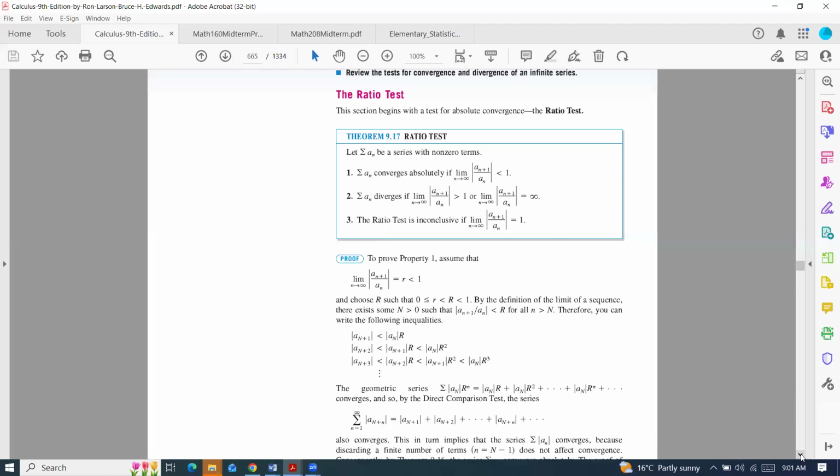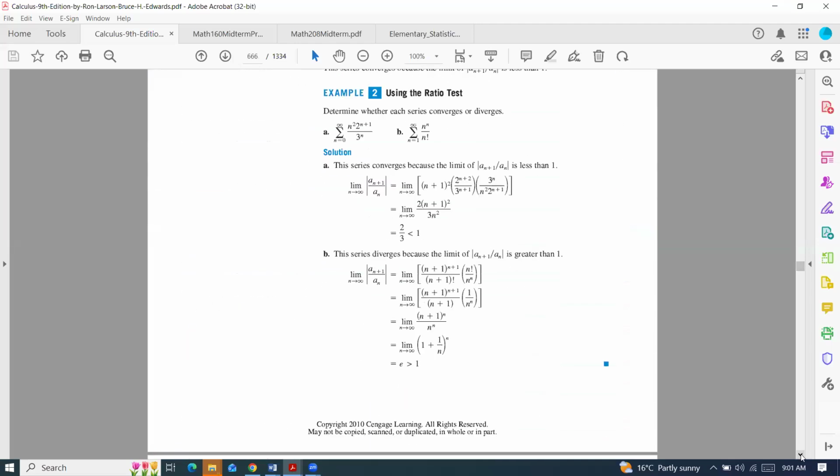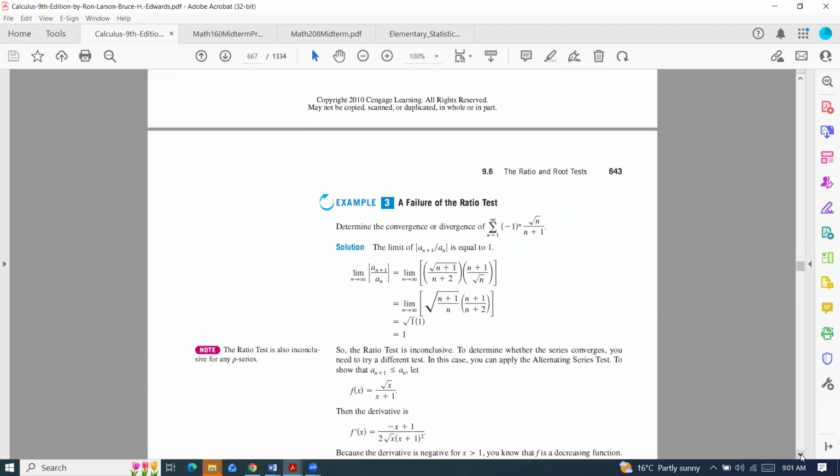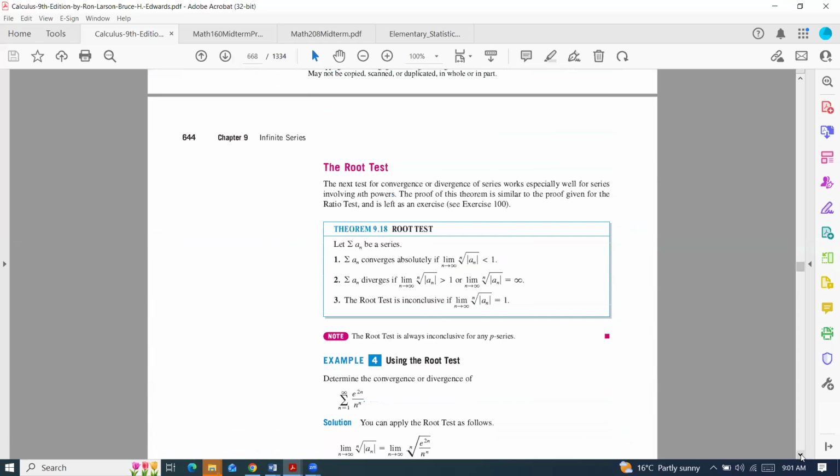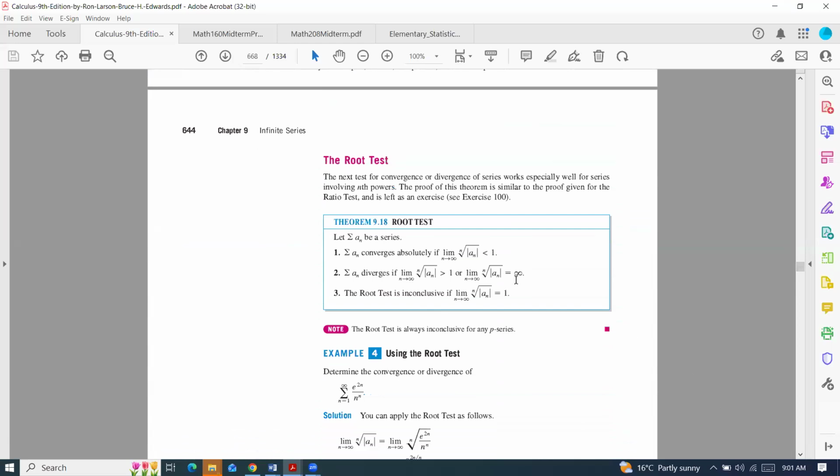And analogous results are when you don't divide the n plus first by the nth term, but when you are looking at the nth root. And the nth root is definitely useful when you are dealing with examples like 4, where something is raised to the power of n. So that's, I guess, designed for these particular cases. When you extract the nth root from the nth term of the sequence, those powers of n will disappear, and you're going to end up with no power of n whatsoever.